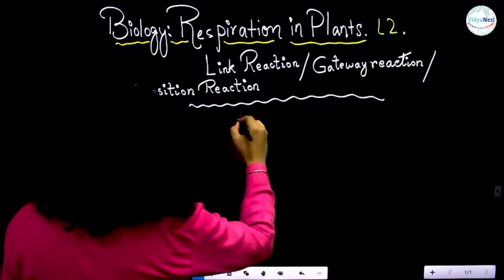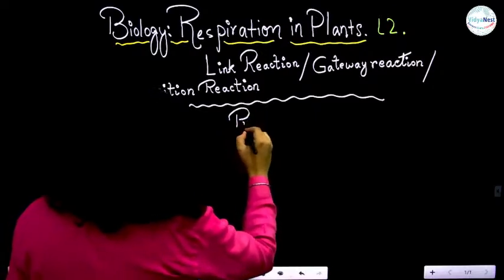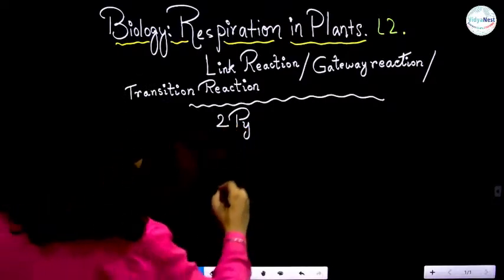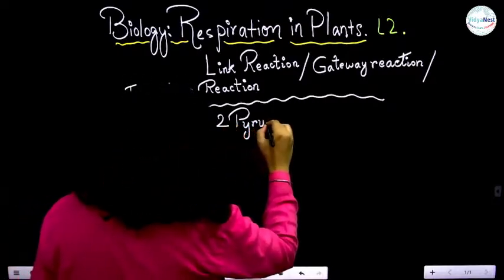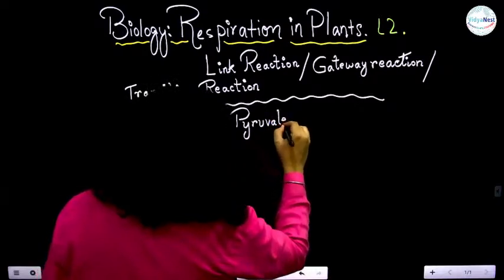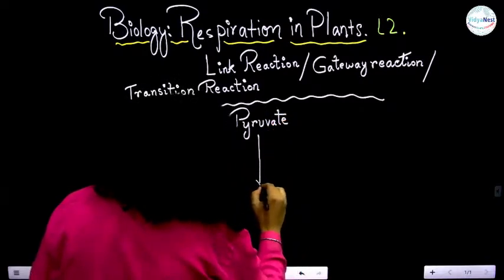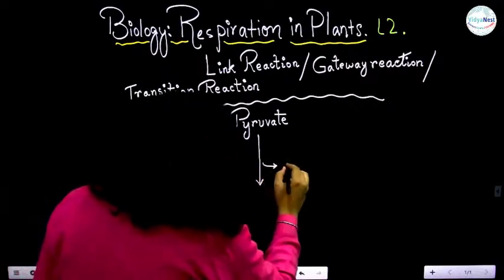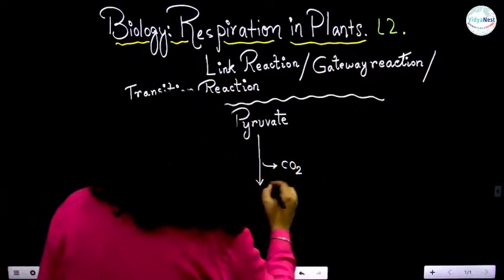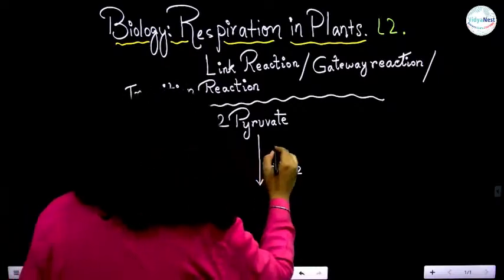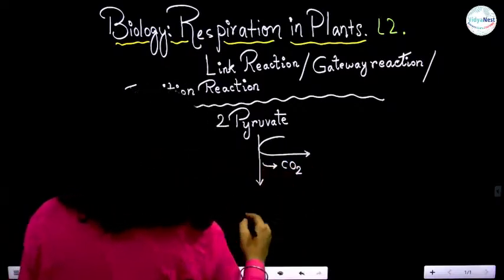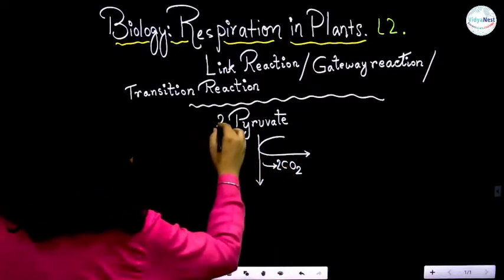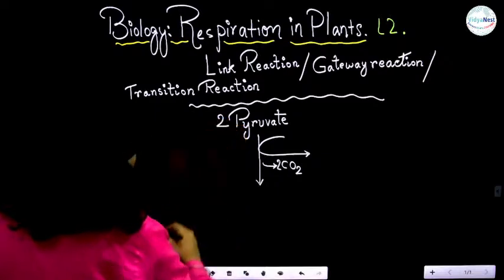First of all, two molecules of pyruvate are formed. The pyruvate will undergo decarboxylation, so carbon dioxide will go out. Since we have taken two molecules, two molecules of carbon dioxide will go out.